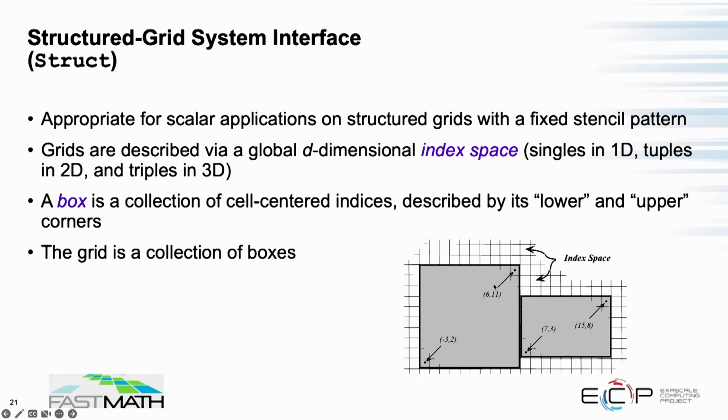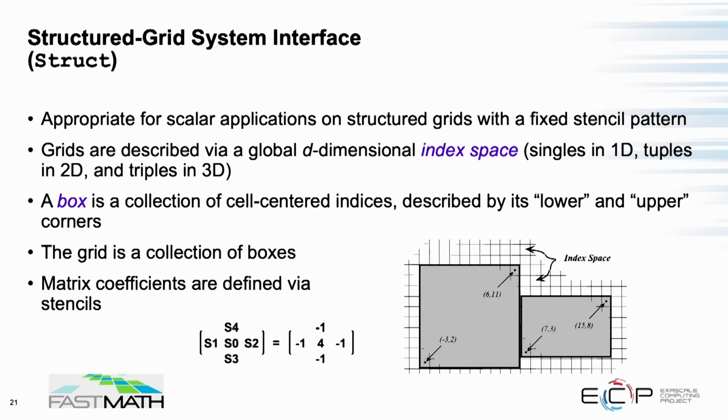Your grid is then just described in terms of these boxes, where you can use an arbitrary union of boxes. Then the matrix coefficients are defined via stencils. Our example here is just using constant coefficients, but we can also have variable coefficients.